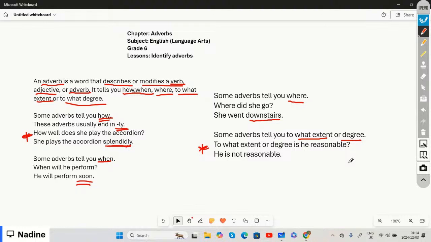And we said adverbs describe a verb, an adverb, or an adjective, or modify the verb, the adjective, or the adverb. And it tells us either how, when, where, or to what extent, or to what degree.